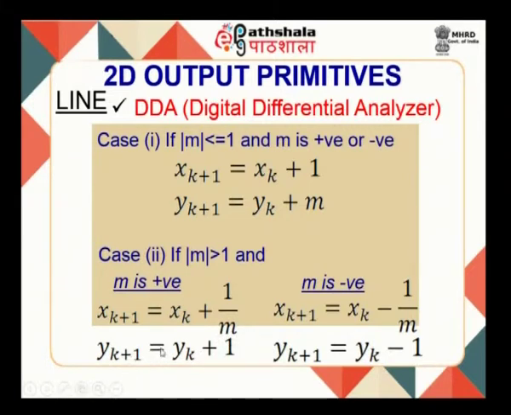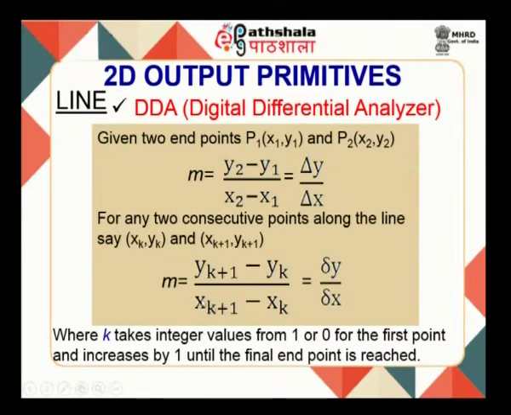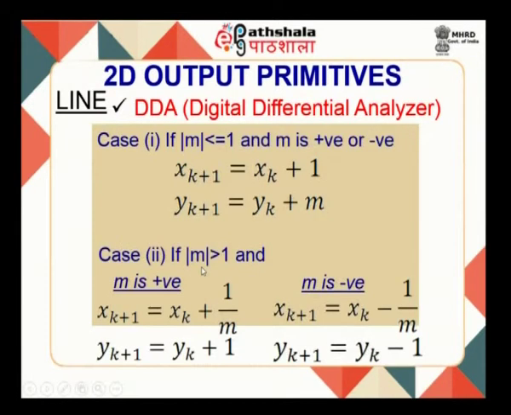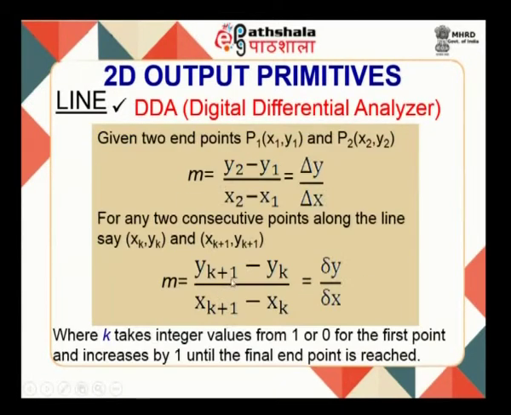So, y k plus 1 is equal to y k plus 1, and we substitute this value of y k plus 1 in the slope equation. The numerator then becomes 1, divided by x k plus 1 minus x k.